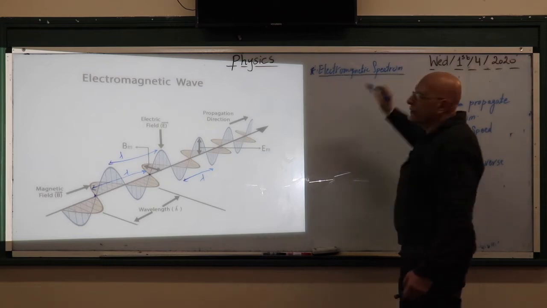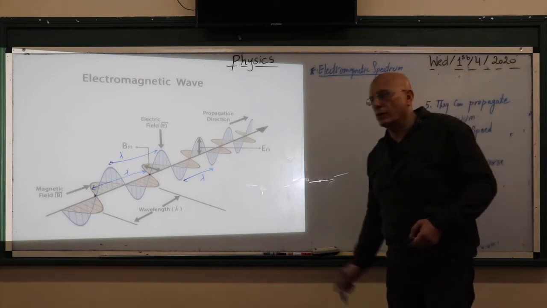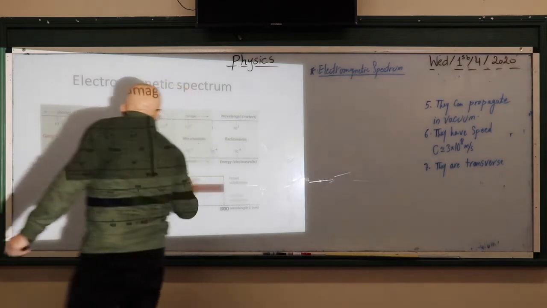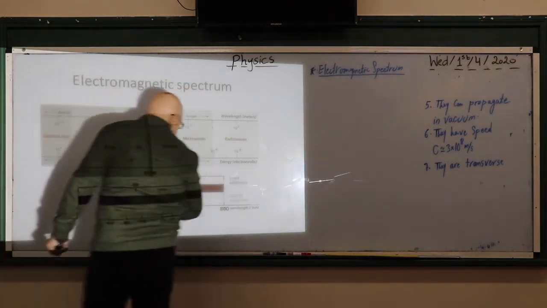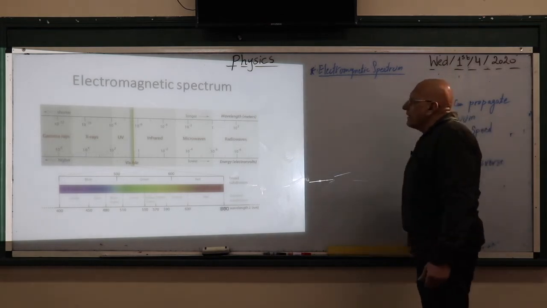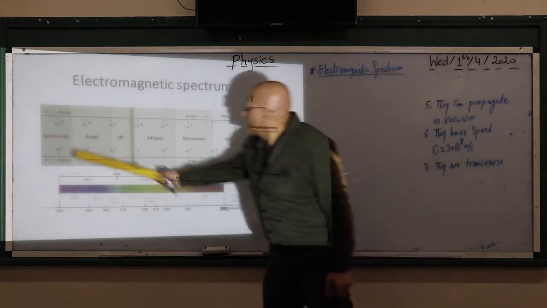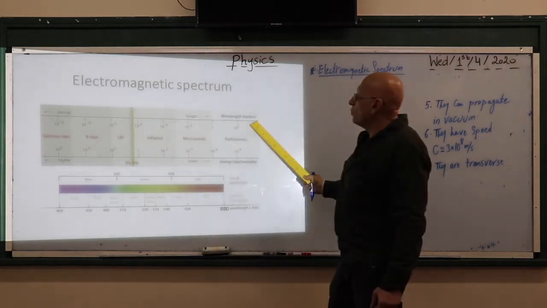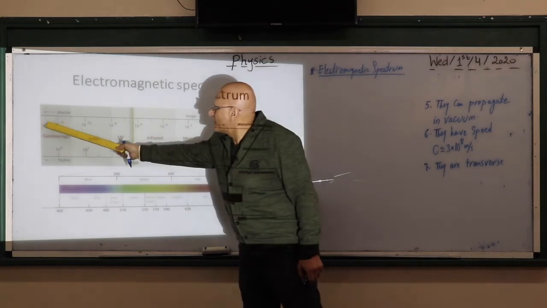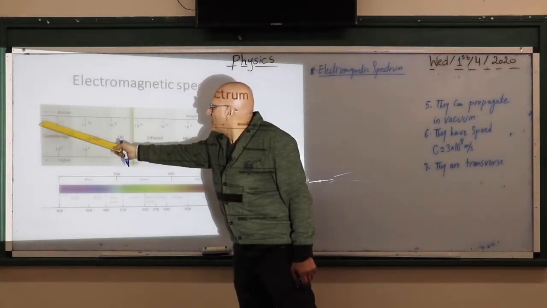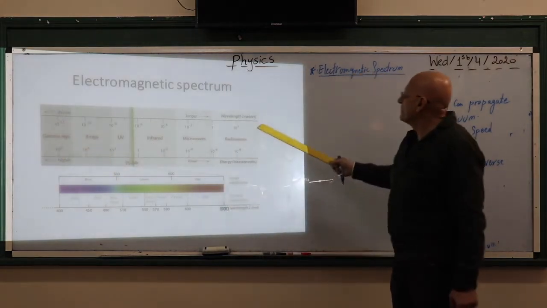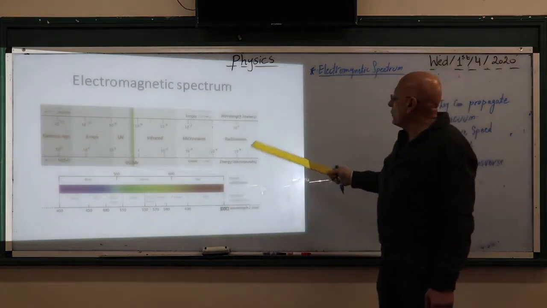Let's look at this image. All the radiations from here to here, you have an infinity of radiations, starting from the minimum lambda of gamma rays to the maximum wavelengths of radio waves.